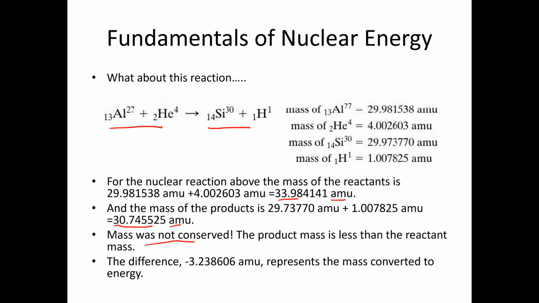In this case, you can see that mass was not conserved. The product mass is less than the reactant mass by about negative 3.24 atomic mass units. That represents the amount of mass that was converted to energy.